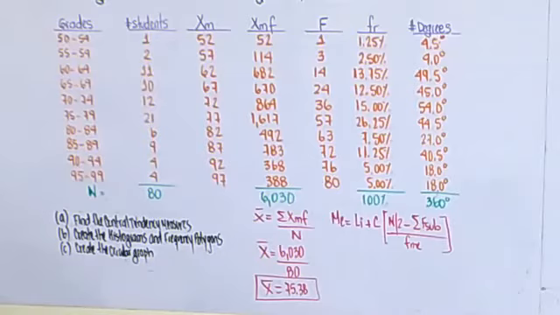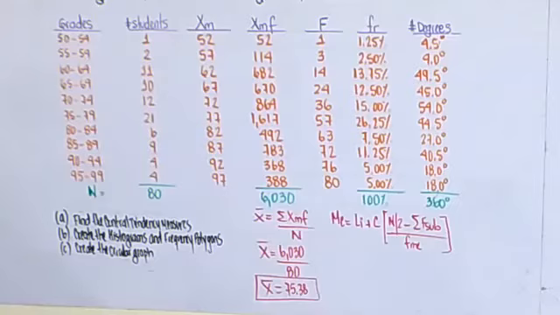But just in case we don't have an even number, we have an odd number, the only thing we have to do in that situation is add 1. For example, if instead of 80 we have 81, we add one and get 82 divided by 2.